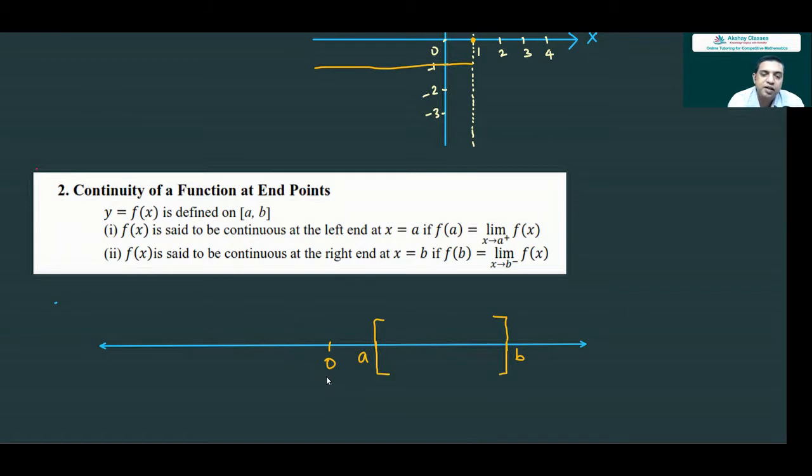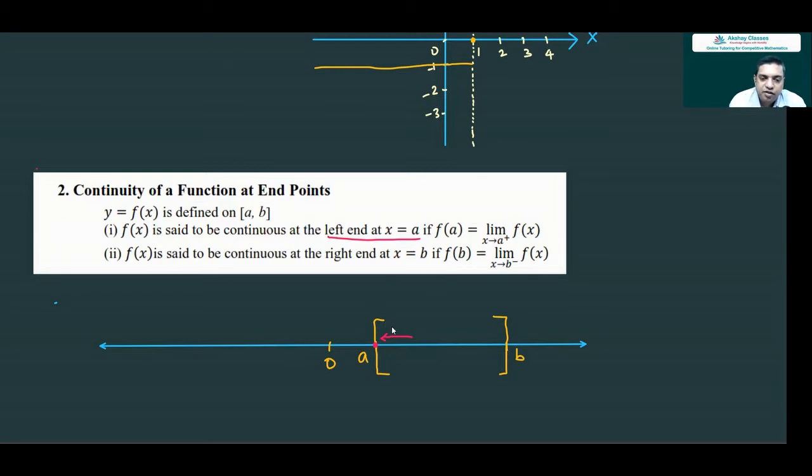Outside of AB, it is not defined. If I have to discuss continuity at x equal to A, that means at the left end, f is said to be continuous at the left end if the right hand limit at A, that means limit x tending to A plus f of x, is equal to f of A.